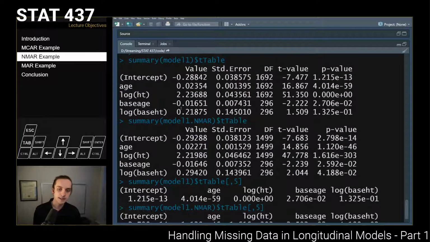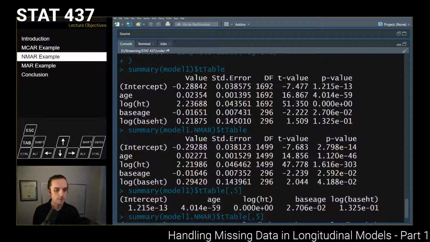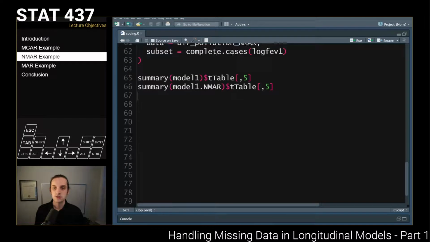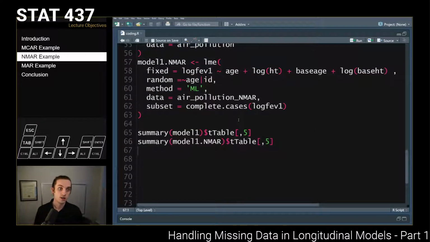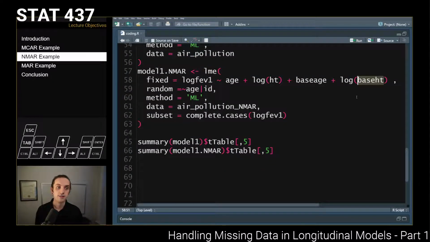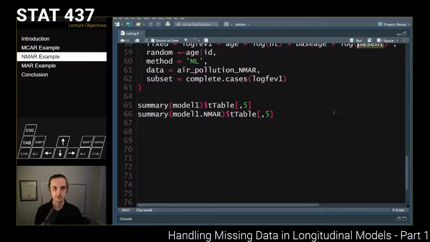And you can see that the estimated values don't look that far off of one another, right? But it becomes really hard to sort of assess how that's going to impact the model when we have this missingness in it, okay? And so in particular, the missingness that was generated here actually did vary based on the baseline height for the individual, right?